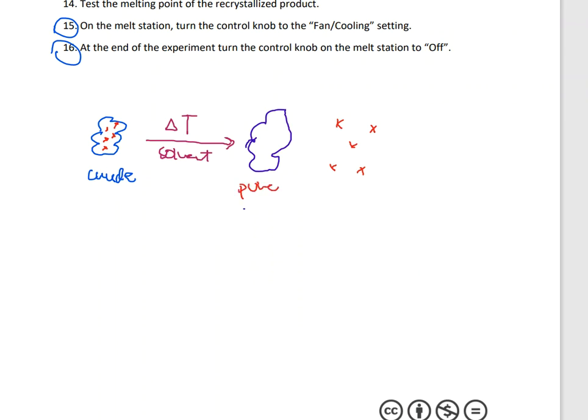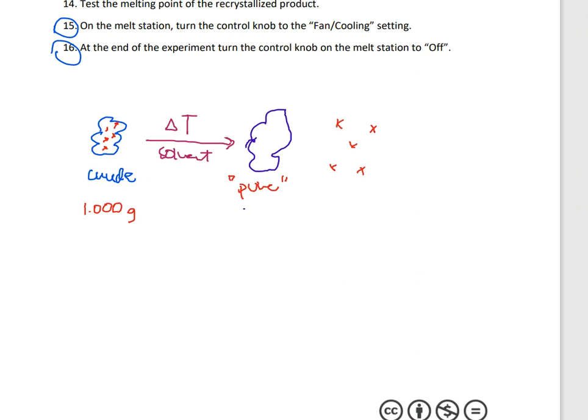All right, so here's the deal. This is the pure or the recrystallized version, and this is the crude. So if the lab directions tell me to weigh out 1 gram of crude product, and that's what I do, with my pure, I will probably get a lesser amount. And the reason is because the crude includes the stuff I want plus the impurity.